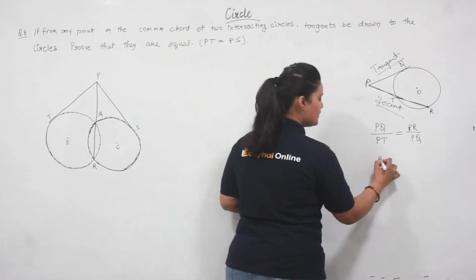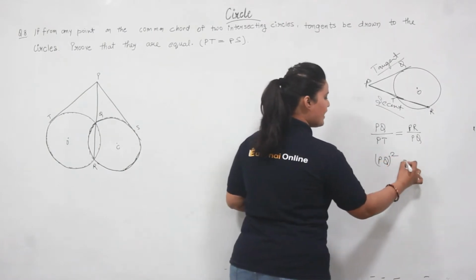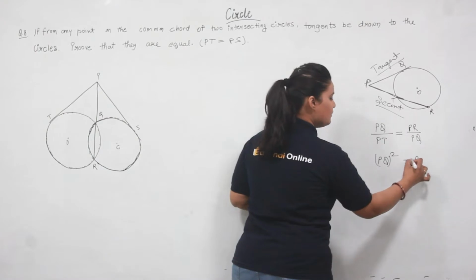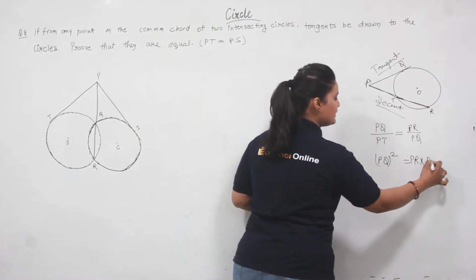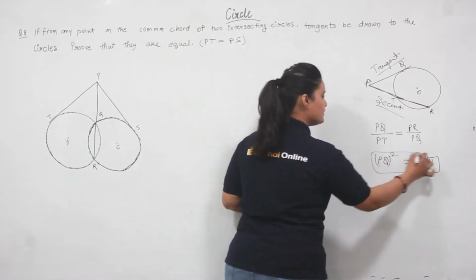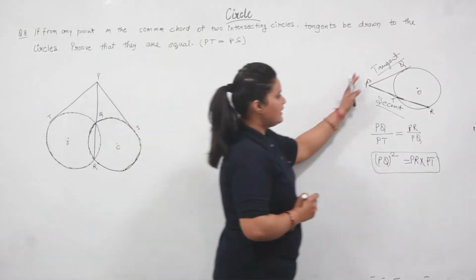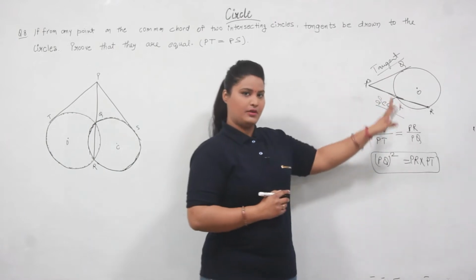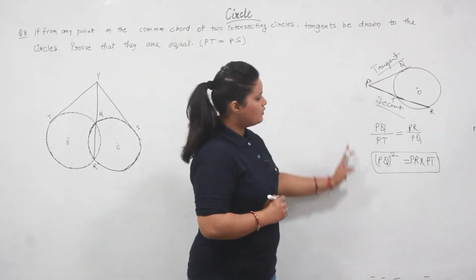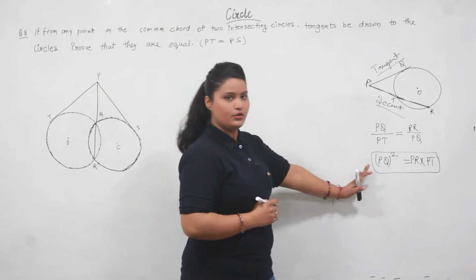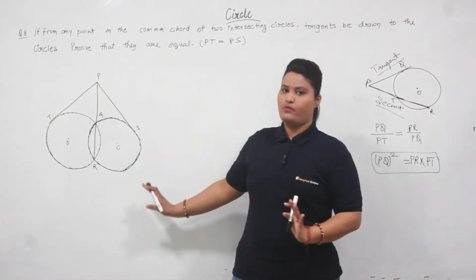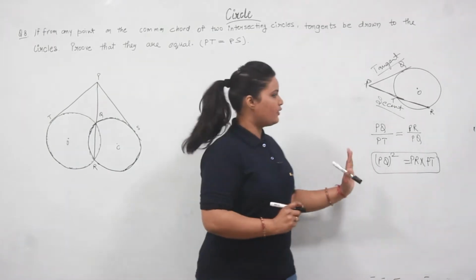Indirectly, it comes to PQ square is equal to PR into PT. This is the relationship between the secant and the tangent, and this is the concept we will use in solving this question. I hope you understand this.